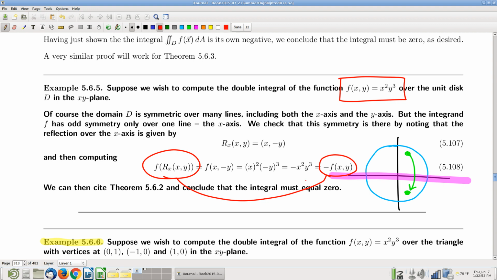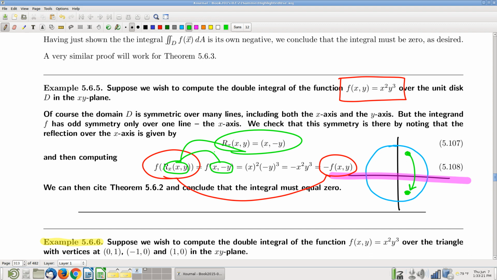So I need f of the reflection to be negative f of x, y. And this is a matter of plugging and chugging. You take this formula for the reflection, the reflection of x, y is x, negative y, and plug that into here, do a little bit of algebra. Sure enough, as required, you get that minus sign.